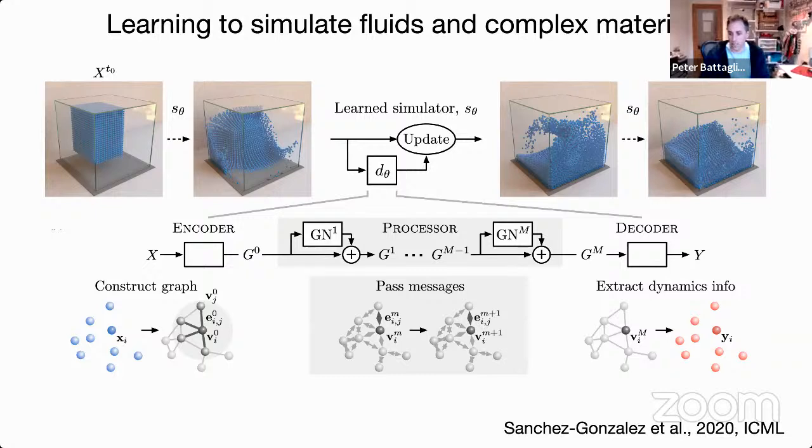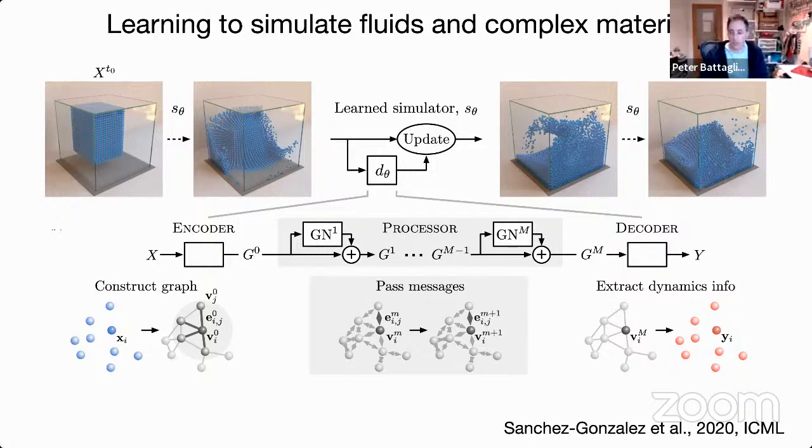The lowercase m represents which processing step you're on. If you have a sequence of processing steps, you keep iteratively updating the vertex and edge attributes, allowing information from different parts of the physical system to propagate across and inform nearby parts.